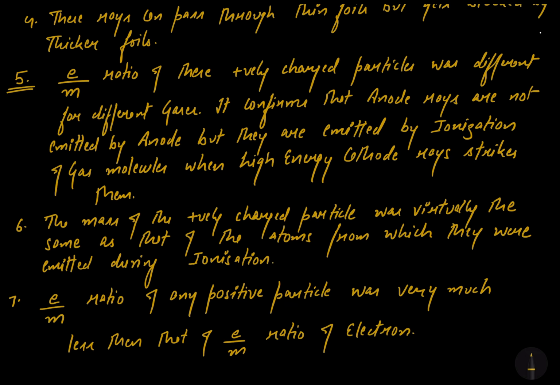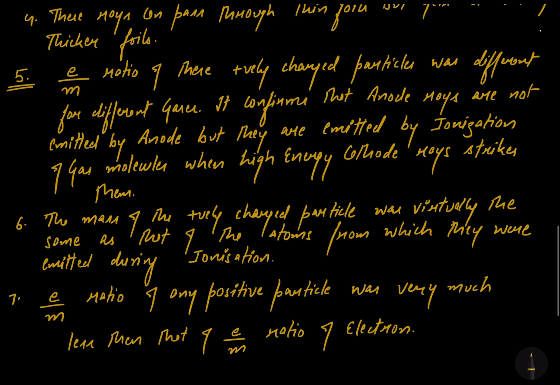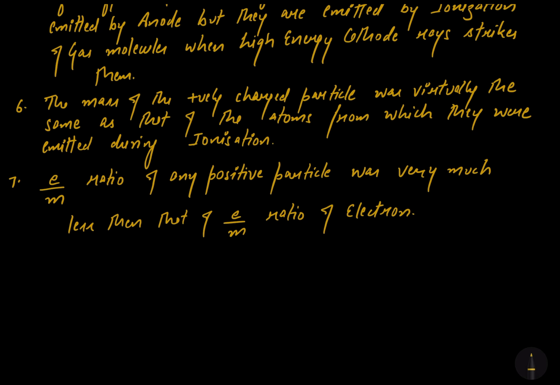Now, an atom is neutral. That means the positive charge particle and electron will have the same magnitude of charge but in opposite signs. So, where will be the difference then? The difference will be in their masses. I am writing: the charge to mass ratio of positive particle is very much less than that of the charge to mass ratio of electron.